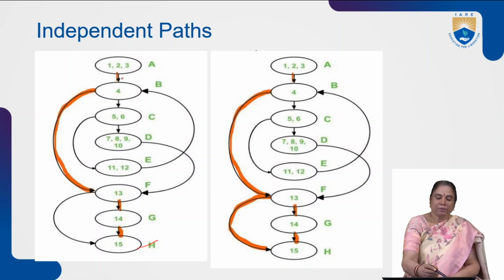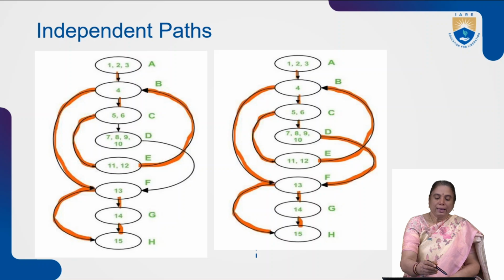So traversing A, F, G, H is one path. Then there is the path where, after checking the loop, entering into the loop, checking the condition, and breaking the loop, the flow of the program continues.